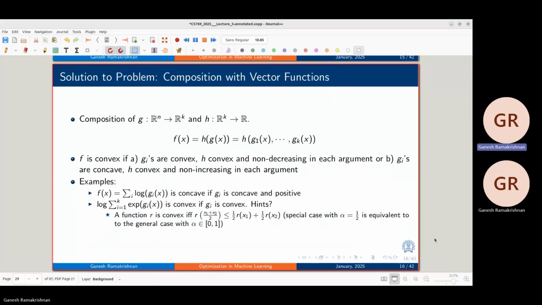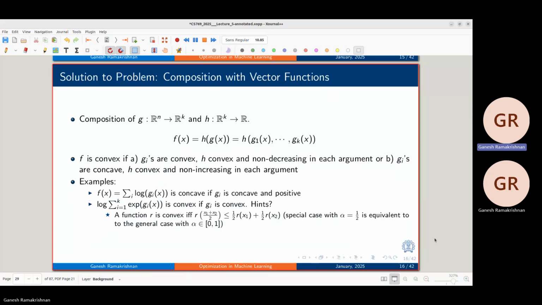The hint here is you should use another derived property called midpoint convexity. So I'm going to write that as another prop. It's such a silly small extension that I don't feel like wasting board space on it, but I will do that anyway. Maybe I'll use a very small piece of the board. It's called midpoint convexity. Okay, what is midpoint convexity? Just take theta to be half.